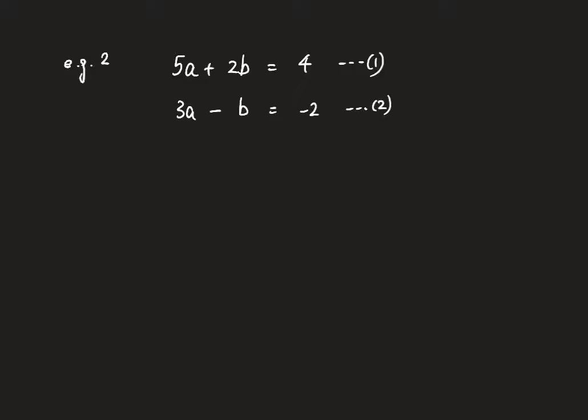So we need to change either a or b as the subject term from these two equations. And from equation 2, it's easy to make b the subject term. Let me show it to you.